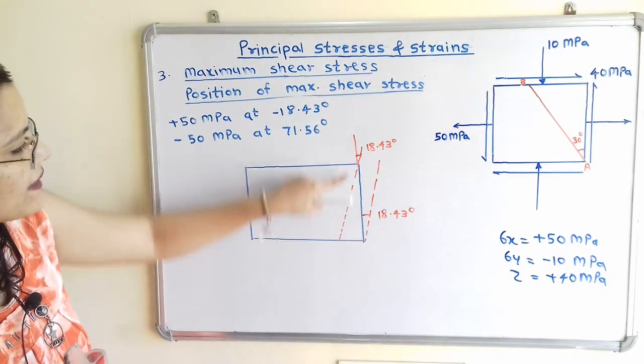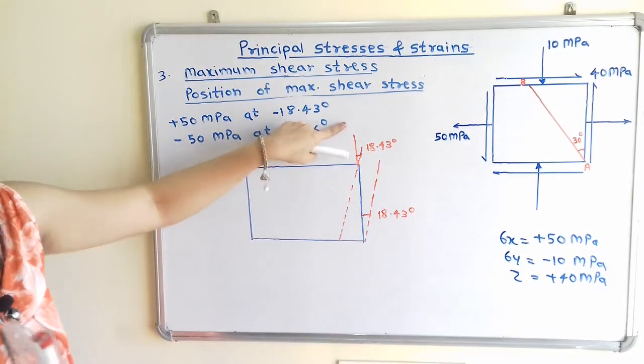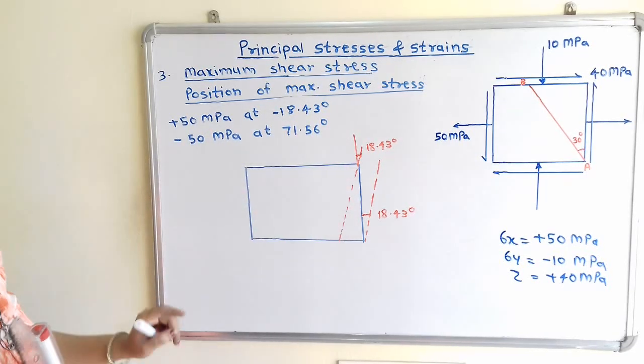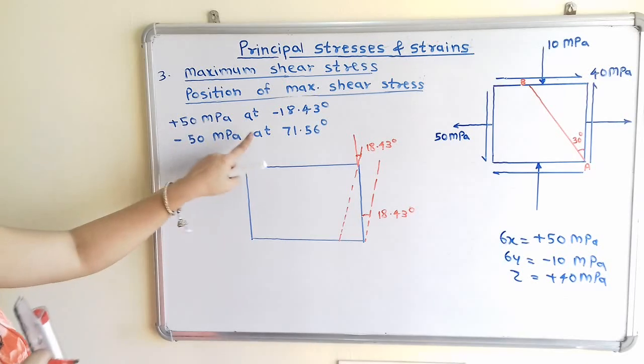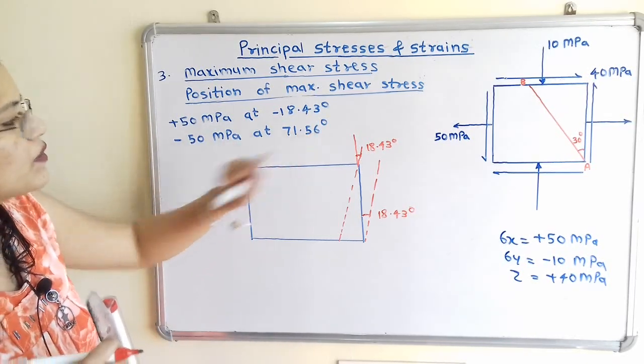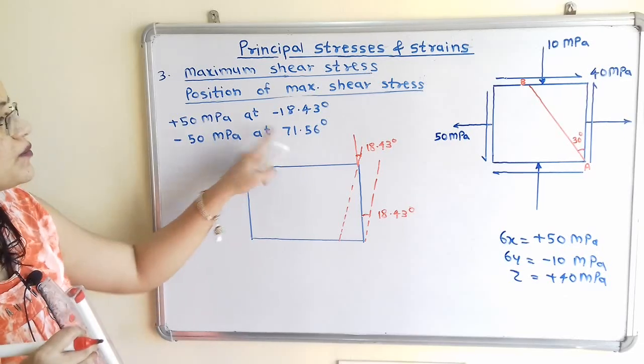So these two are parallel lines, and this is the common vertical line, so these two angles are the same. So this is the first line. Now we will move to the second position. It is at an angle 71.56 degree, so it is a positive angle.